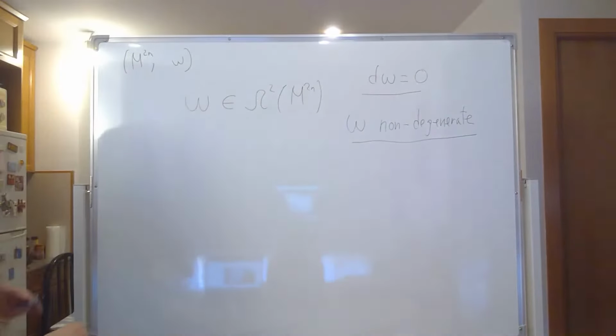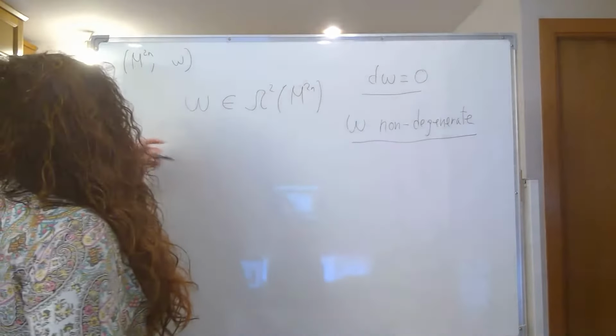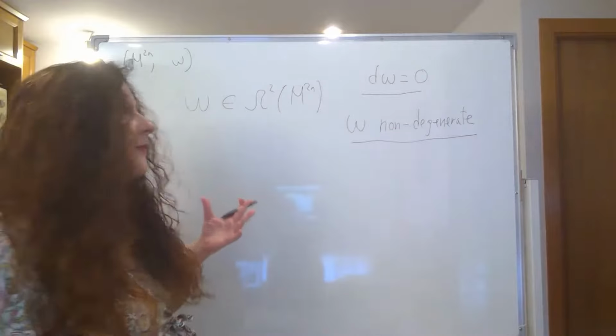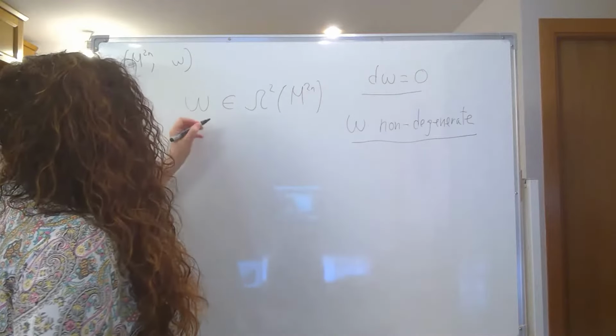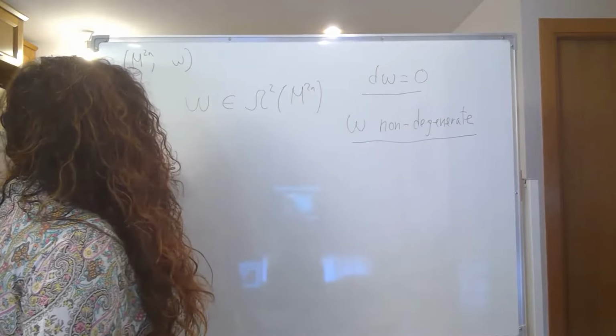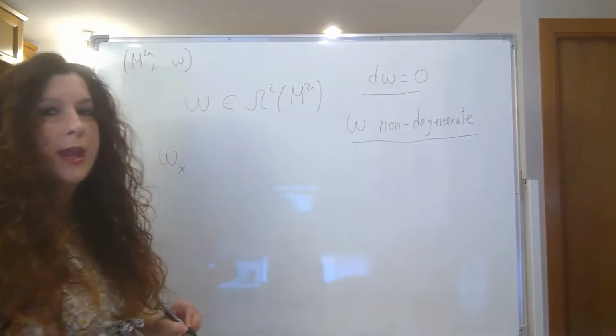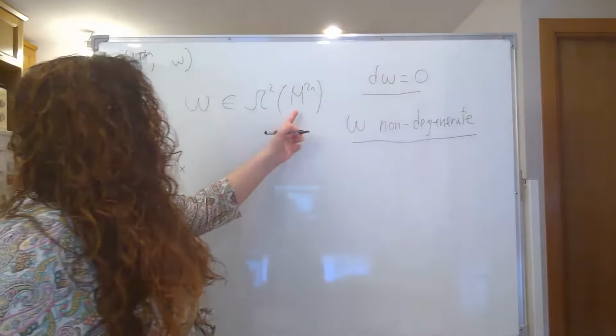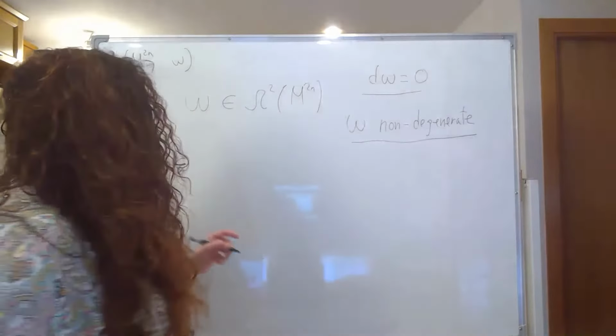Okay, so the condition of non-degeneracy was a condition that we could think of in linear algebra if we just evaluate this at a point. Then this is a 2 form in the dual of the tangent space.